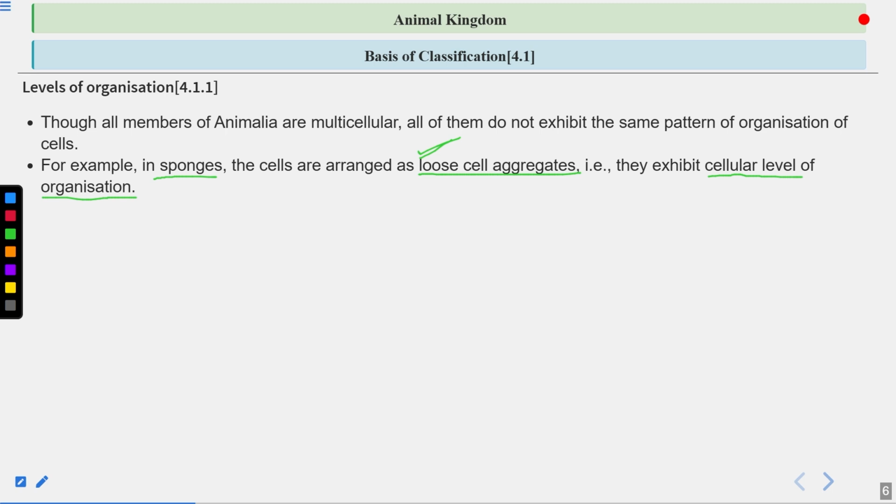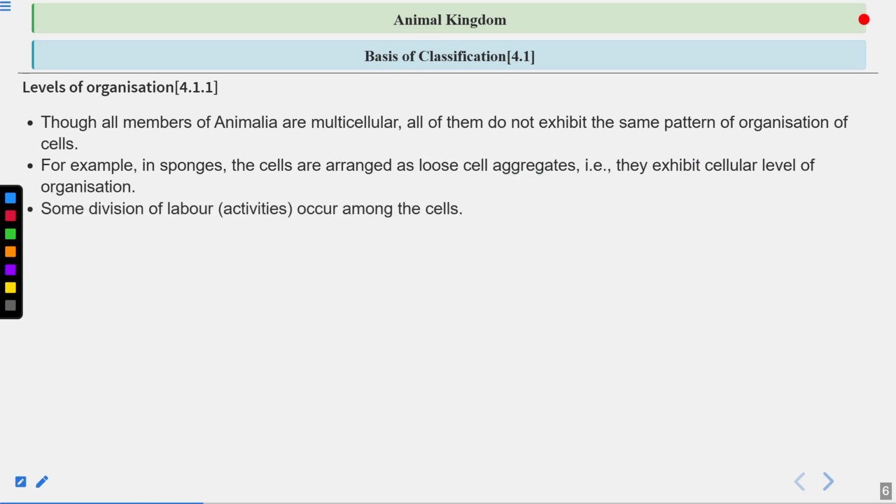But the important thing here in the case of sponges is that they are multicellular, but still they have the cellular level of organization. Why so? Because here tissue formation has not taken place, right? So that is why it shows the cellular level of organization.